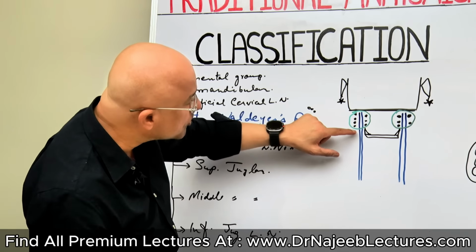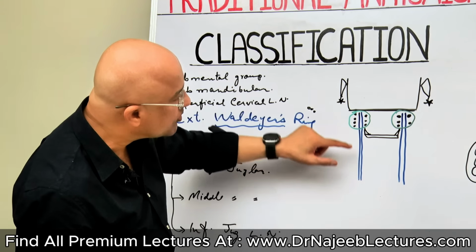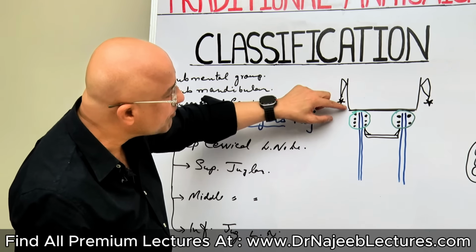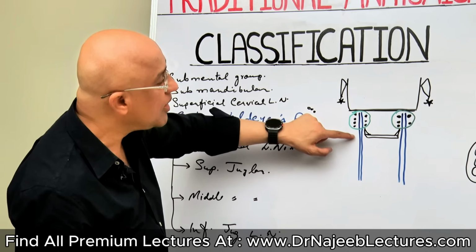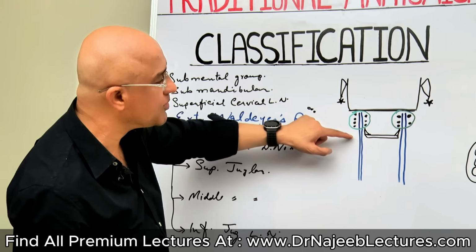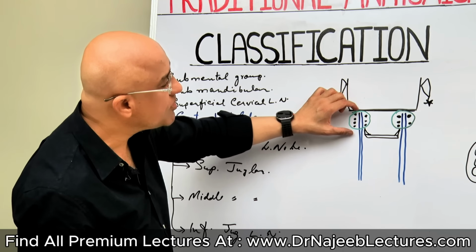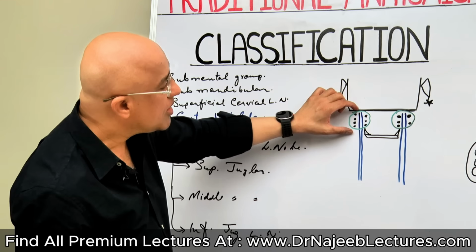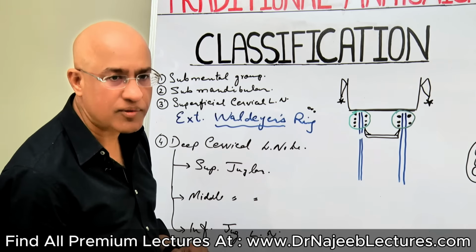Deep cervical lymph nodes, which I am discussing here, are along the internal jugular vein. The superior group extends from the base of the skull up to the inferior border of the hyoid bone, along the upper third of the internal jugular vein.